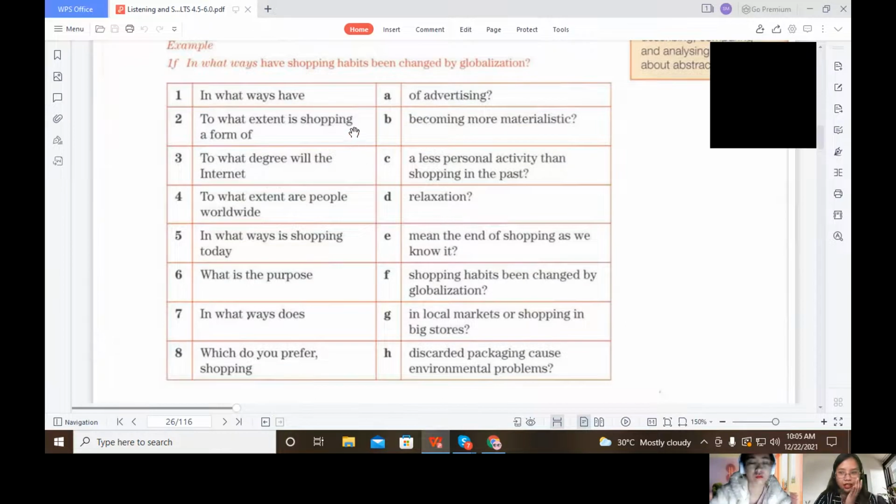So the first question is, in what ways have shopping habits been changed by globalization?